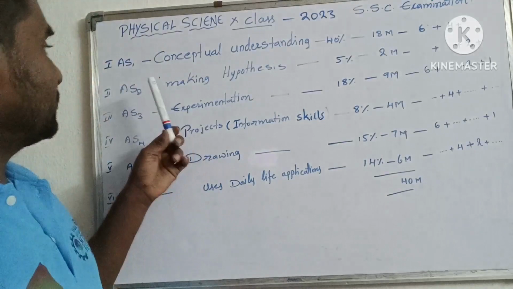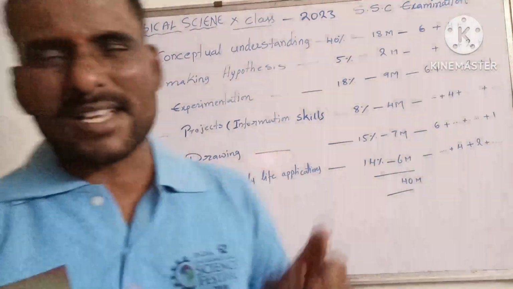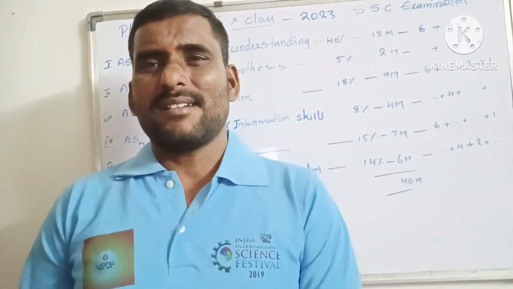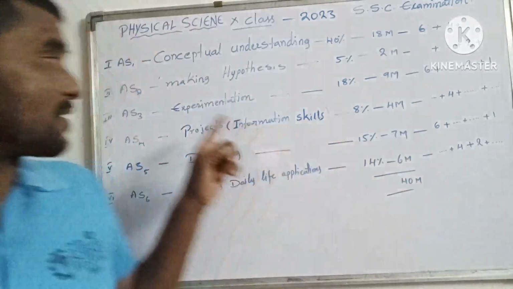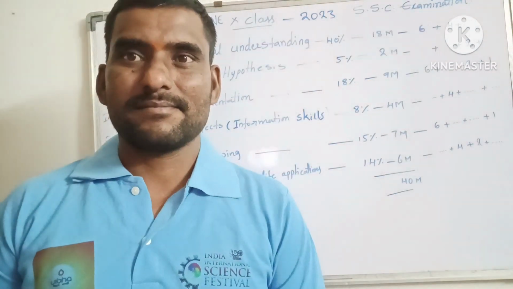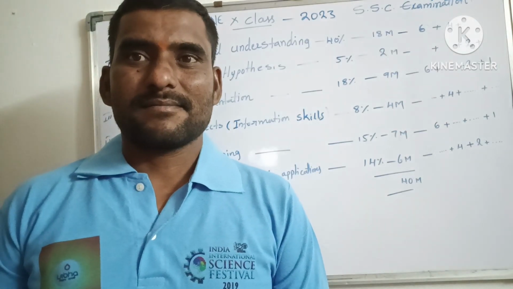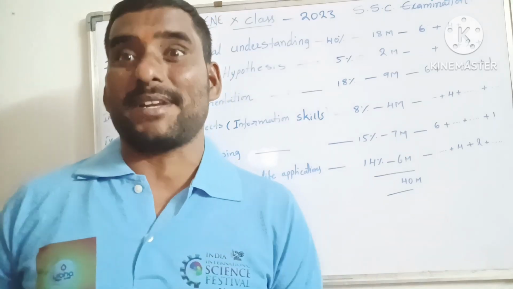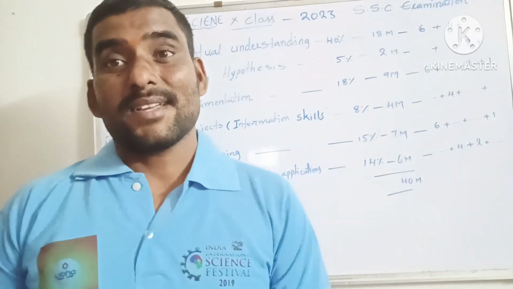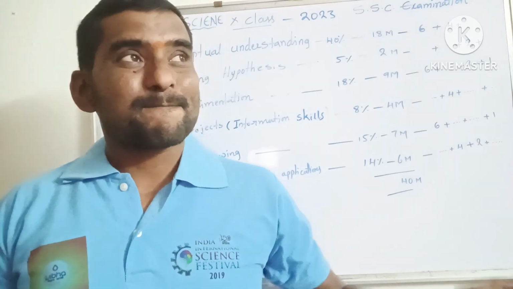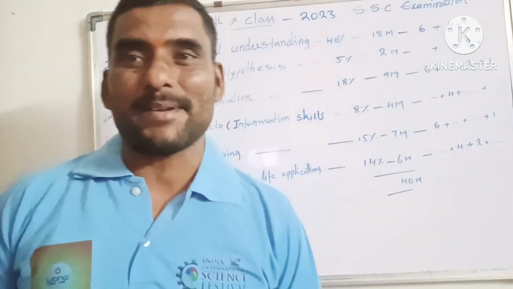Okay, the next one is asking questions and making hypothesis. In physical science, they are not going to give any asking questions, nothing. We are going with only making hypothesis. That means what will happen if we use a concave mirror as a rear view mirror? What will happen if a fuse wire is prepared with another material?